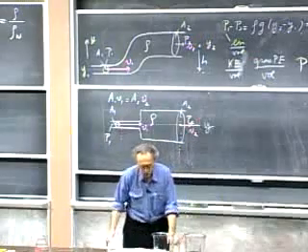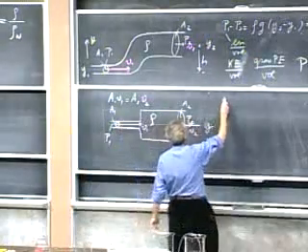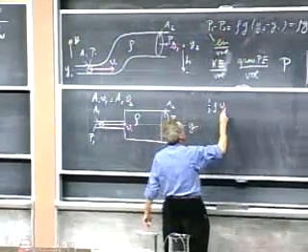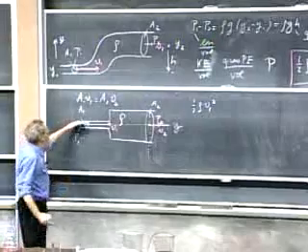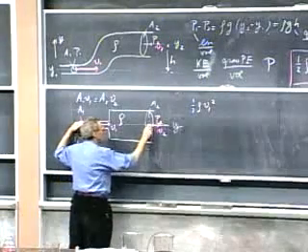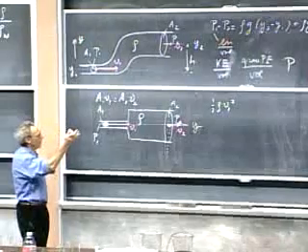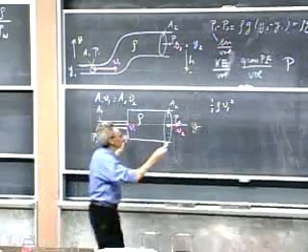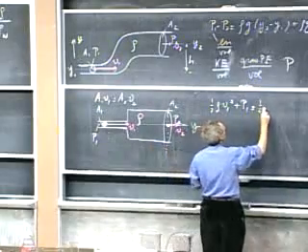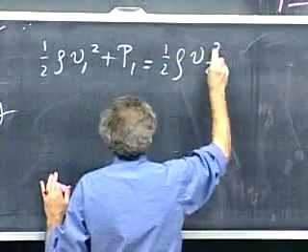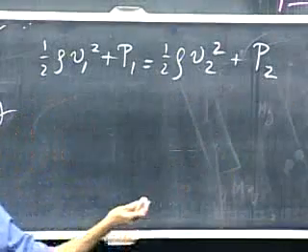Now, I'm going to apply Bernoulli's equation. The first term tells me 1/2 rho V1 squared. I can forget the second term, because I get the same term here as there; they have the same level of y. So I can ignore the second term. Plus P1 must be 1/2 rho V2 squared plus P2. That's what Bernoulli's equation tells me.